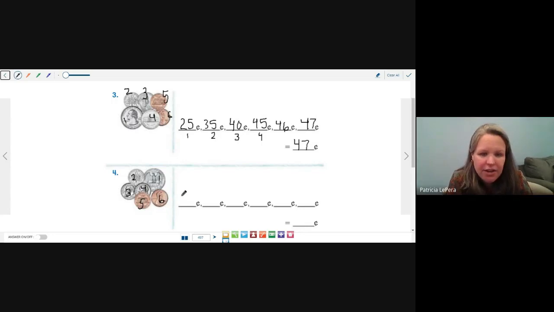All right, so now I'm ready to add these coins. So remember, a quarter is 25 cents, plus my second coin, which is a dime. Dimes are 10 cents, so 25 plus 10 is 35. Third line, so I'm going to go to the third coin, another 10 cents, which is 45 cents.